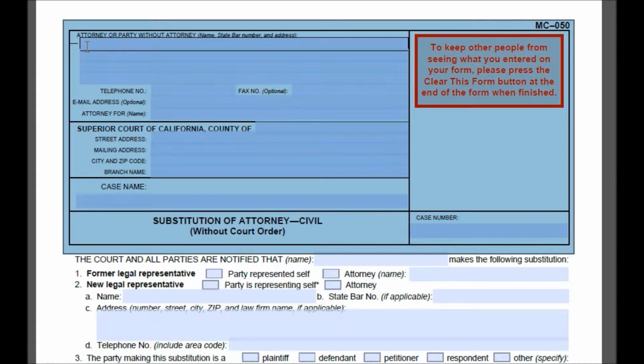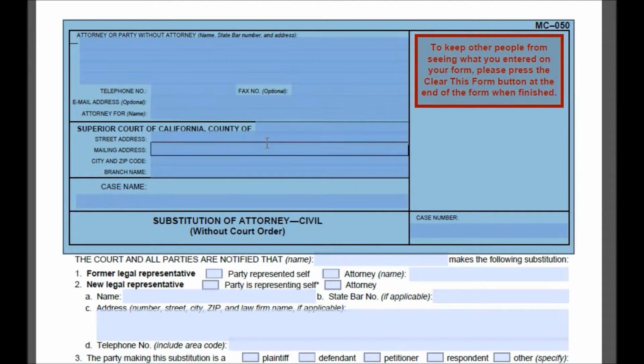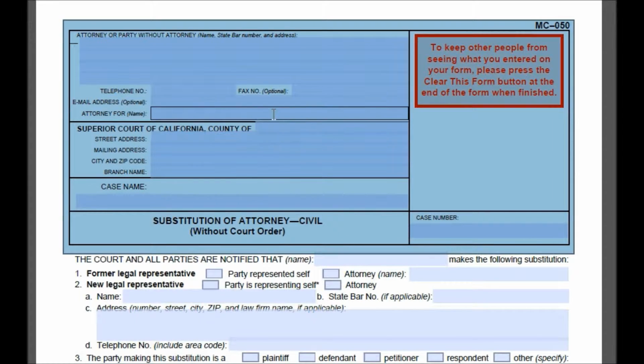If you're substituting an attorney on or off, the attorney's name will go here. If you don't have an attorney, it'll be your name, address, phone number, fax number, email address, and so on. The second box is the address and information for the courthouse and the county that you're in.